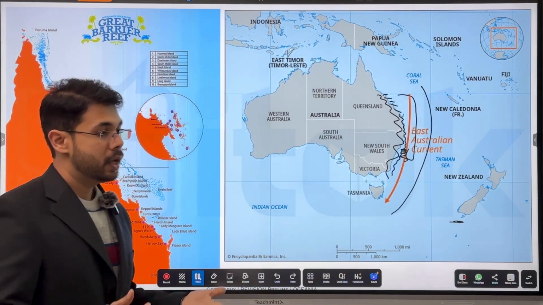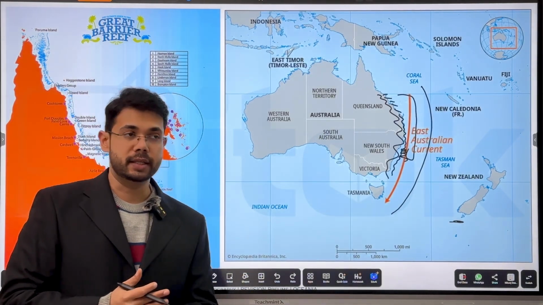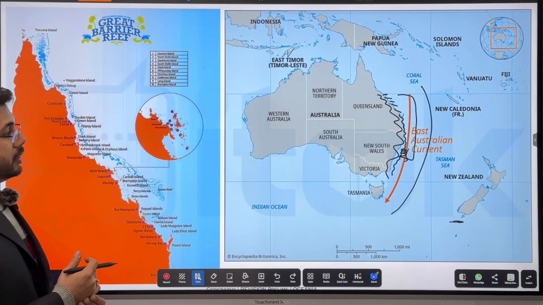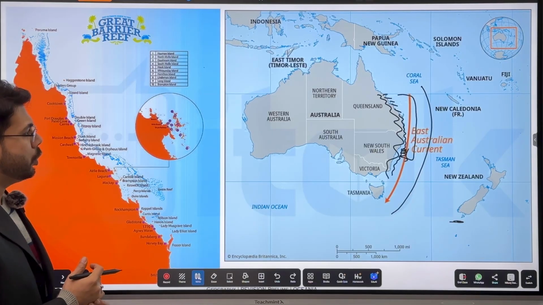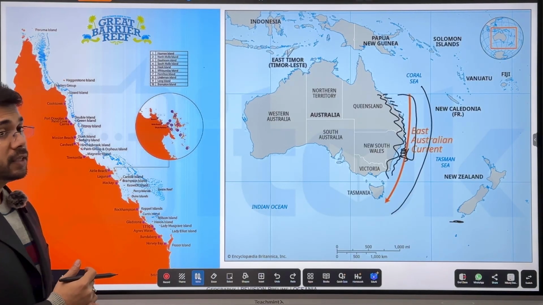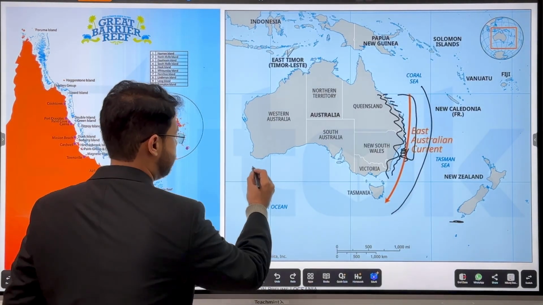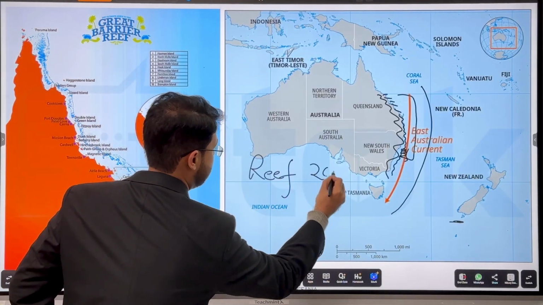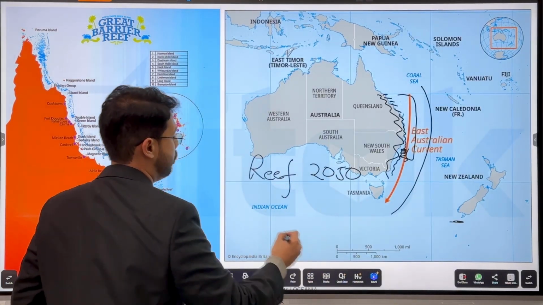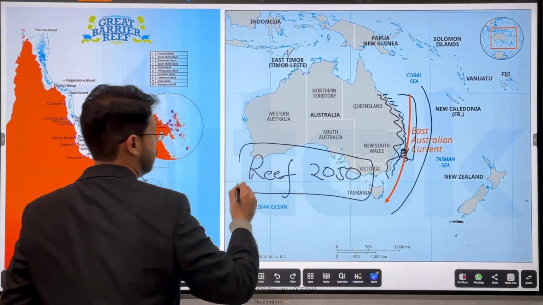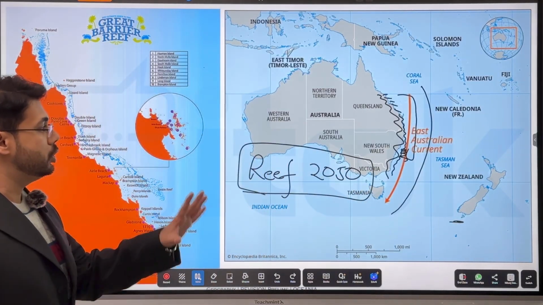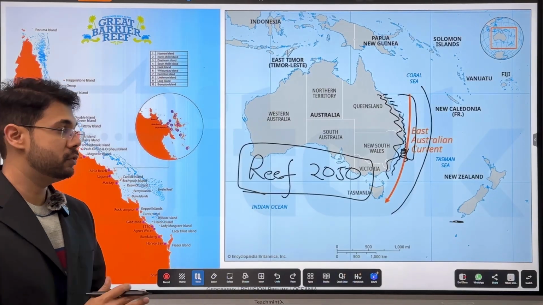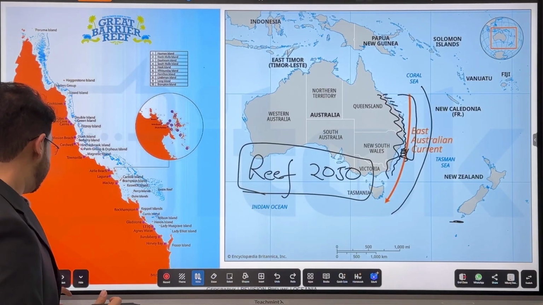It is the rainforest of the ocean, and because of coral bleaching, it is getting decimated. However, the Australian government has come up with a plan called Reef 2050. This is an enormous plan to put a jump start on the corals and make sure that they are again living up to it. In our environment lectures, we'll be reading about the coral reefs in detail.